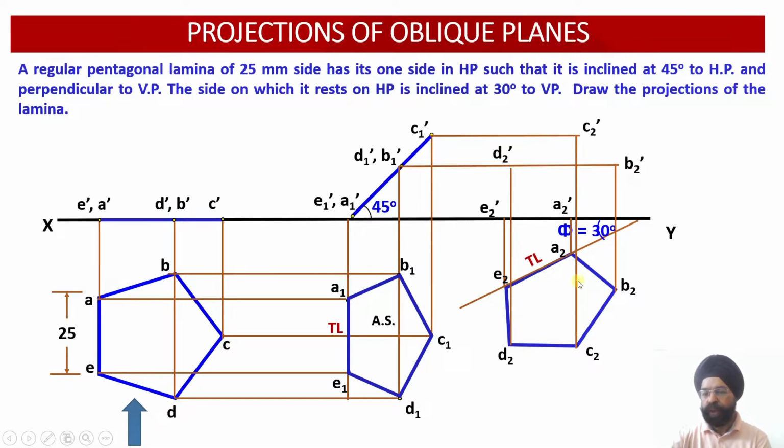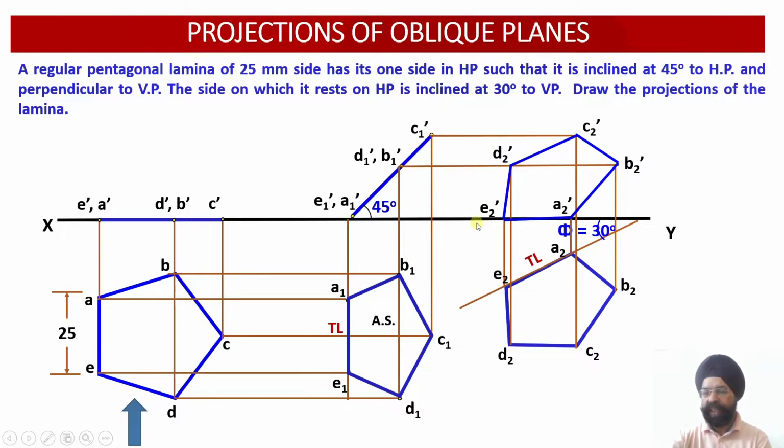Similarly C2, the projector we have to take vertically upwards, and the C1 dash projector we have to take horizontally towards the right. This gives us the location of point C2 dash. Similarly D2, so the D2 projector you take up, and the D1 dash projector you take horizontally this way. That is why we call it the corresponding view. And similarly, the E projector you take up, and where the A1 dash projector is, you get point E2 dash located over there in the front view.